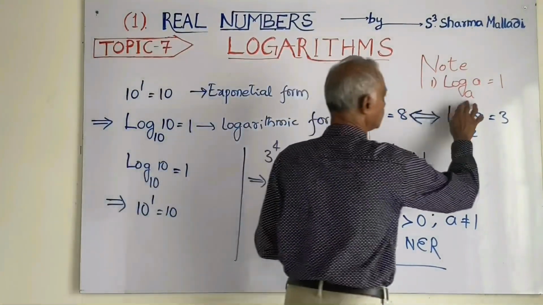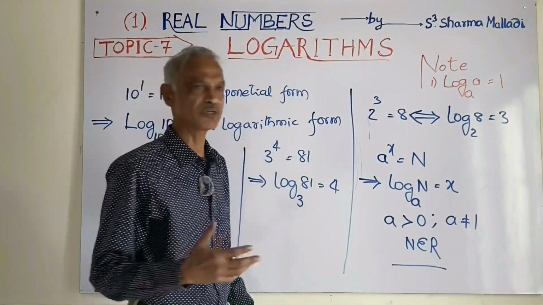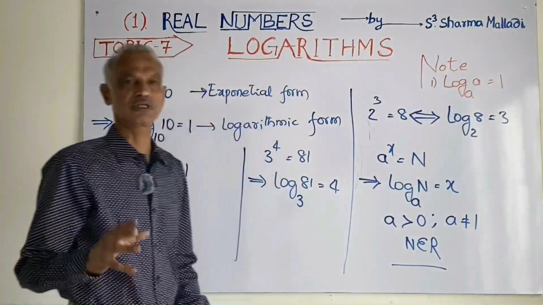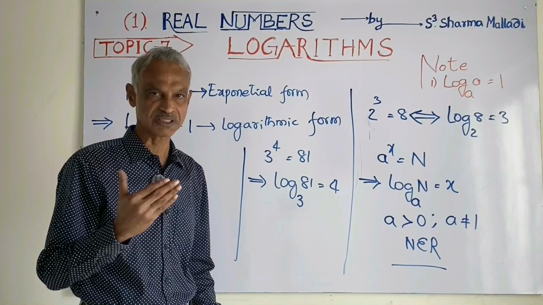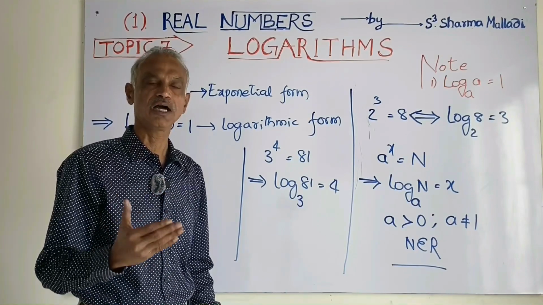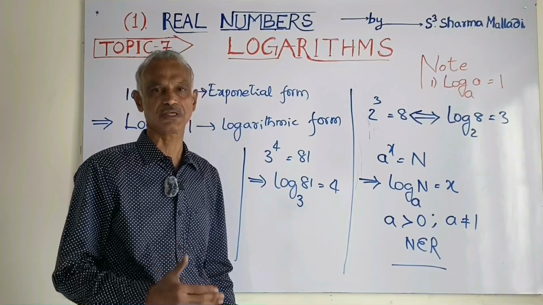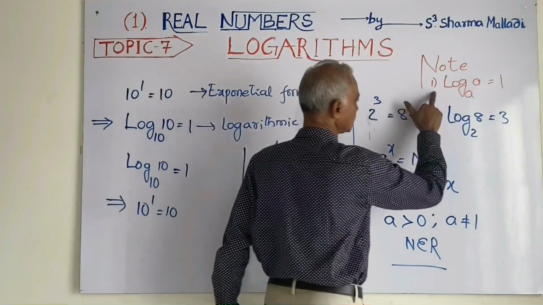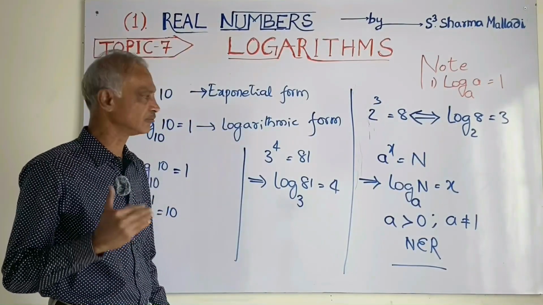Because a to the power of 1 is equal to a, if you write in exponential form. That's why you should remember log a to the base a is equal to 1. Log 100 to the base 100 is equal to 1. Log e to the base e is equal to 1. You should note log a to the base a is equal to 1.